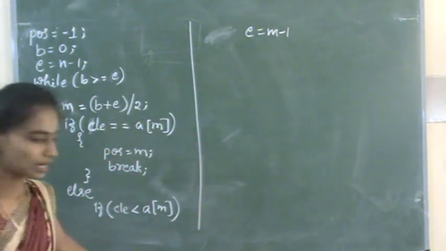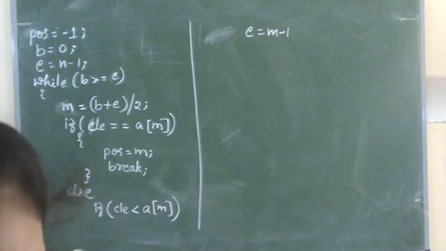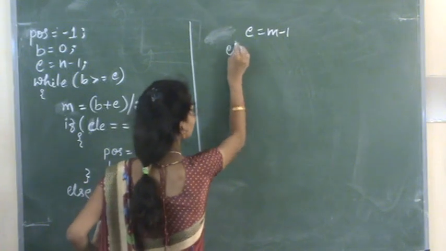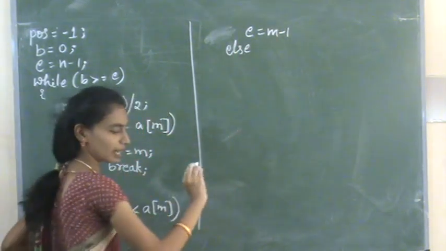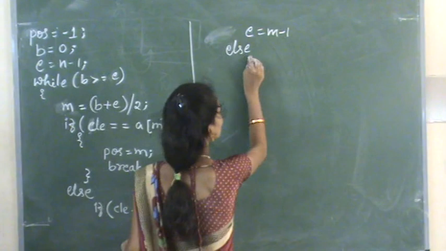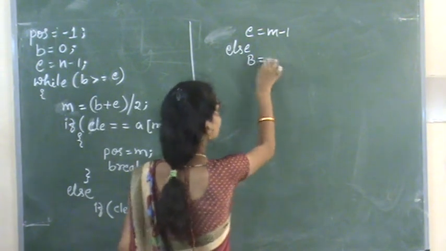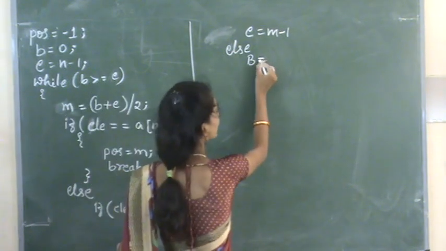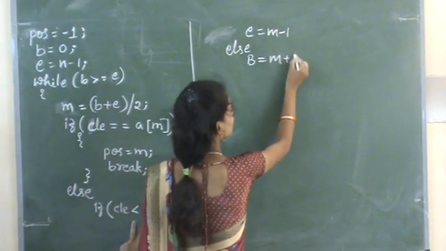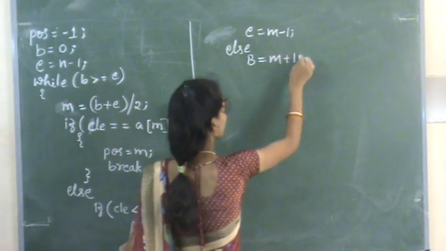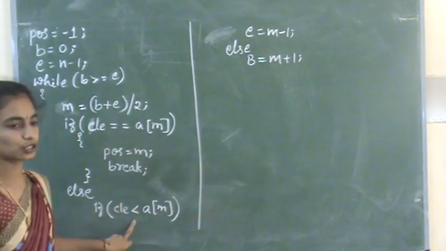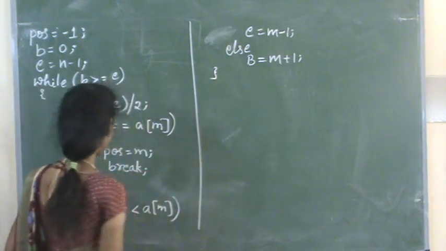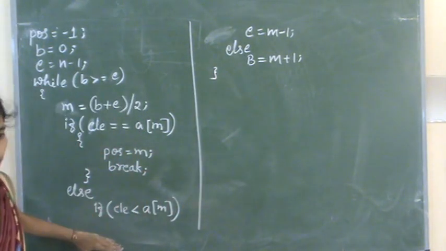Next, if this condition becomes false, I will go for the else part. If it is not less than, it has to be greater than, right? So I will change the beginning as mid plus 1. This is the condition we are using.